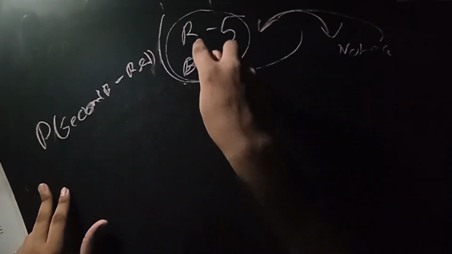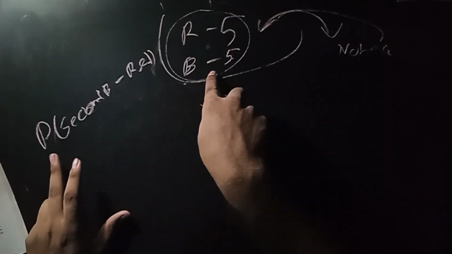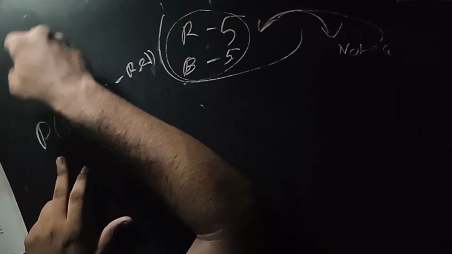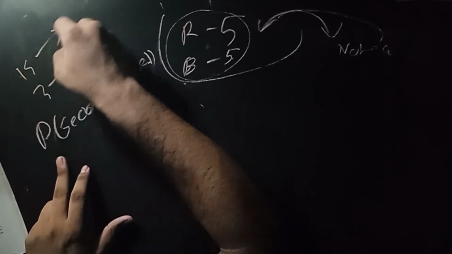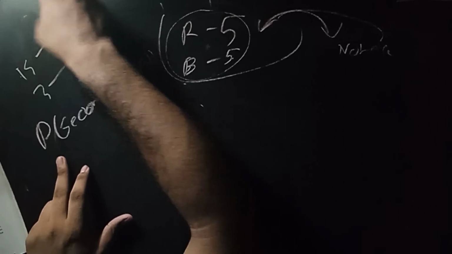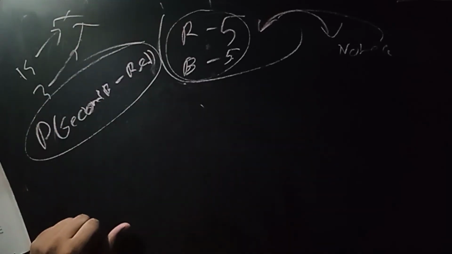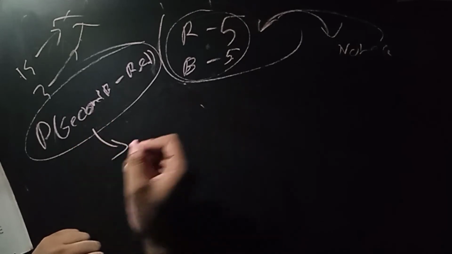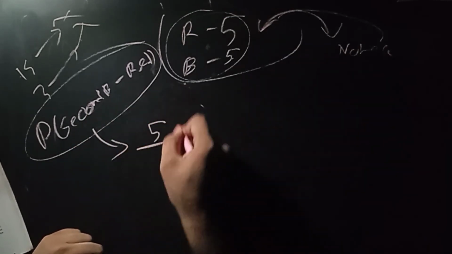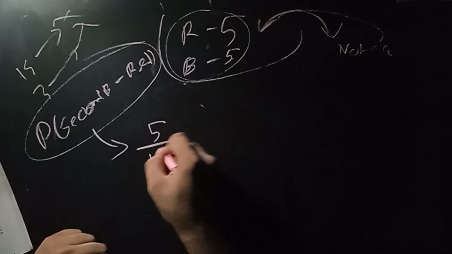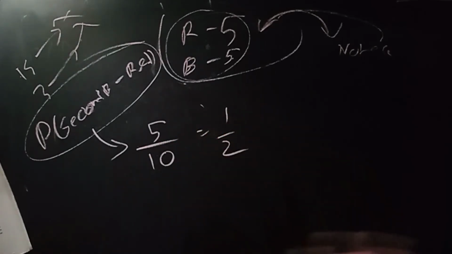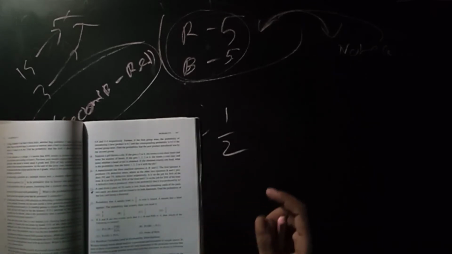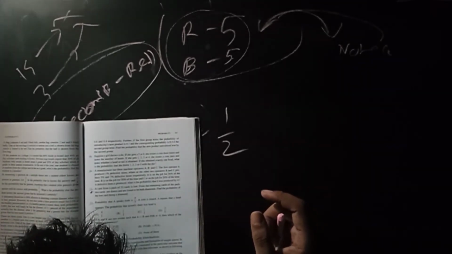So whatever the first ball was, those are all independent of the probability of the second ball being red. So the probability of the second ball being red will just be 5 out of the total, that is 10. Do not think too much, like I was in this case.